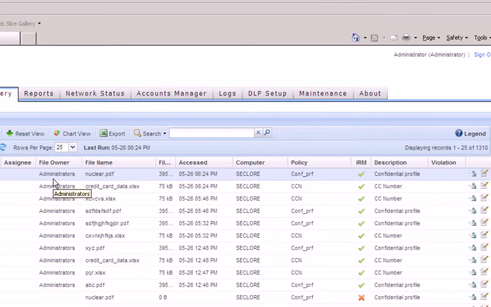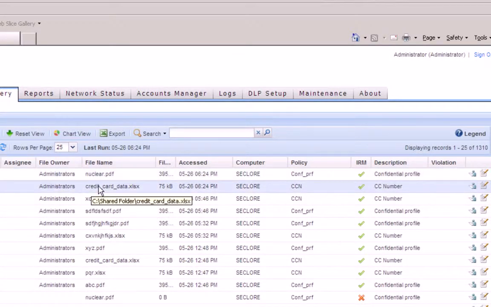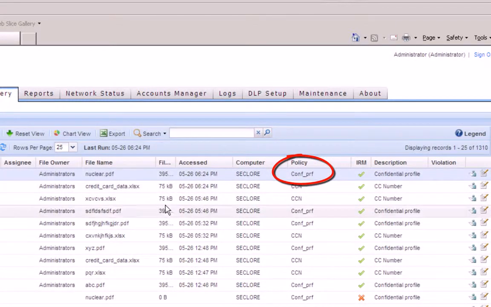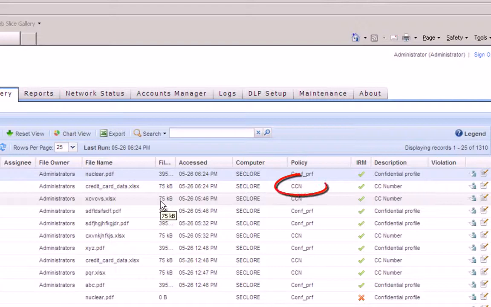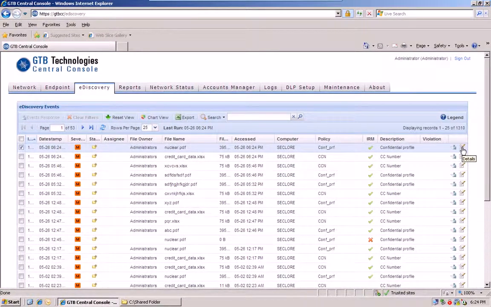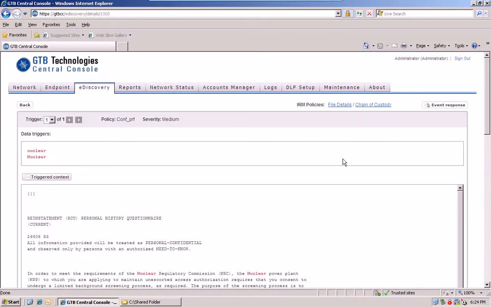As you can see, the nuclear document had a confidential keyword DLP policy violation, and the credit card data document had a credit card number policy violation, and the appropriate IRM policy has been applied to it. Now let's look in detail at what the DLP policy violation was on the document.